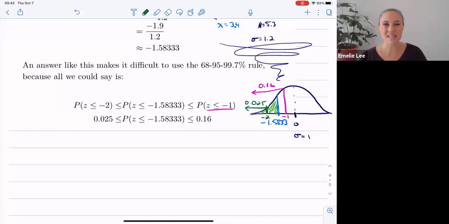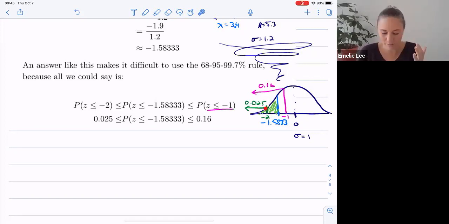You can see why that leaves us wanting more, right? I don't know, the probability is somewhere between 0.025 and 0.16. What's the big deal? Well, there's a huge difference between a probability of 0.025 and 0.16.